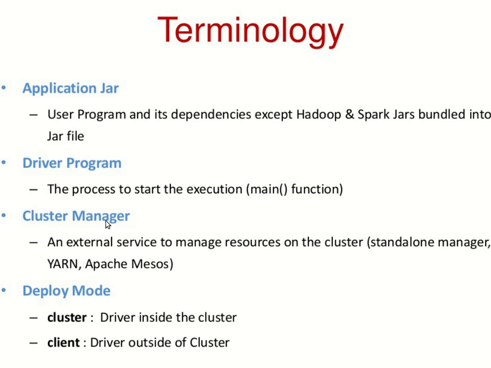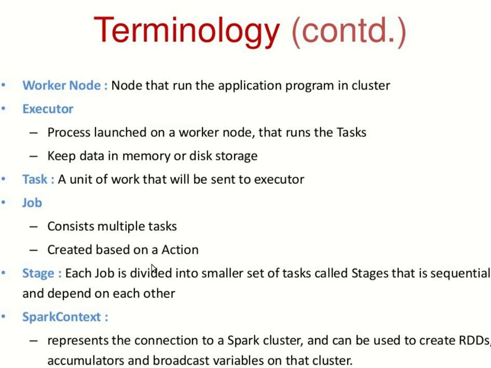The cluster manager distributes it; you can use the internal standalone manager of Spark, or you can use Yet Another Resource Negotiator or Apache Mesos, which are YARN or Mesos, and you can deploy it either inside the cluster or outside the cluster as a client. So you have both ways. The terminology also includes worker nodes, which are simply the nodes that are running your jobs.